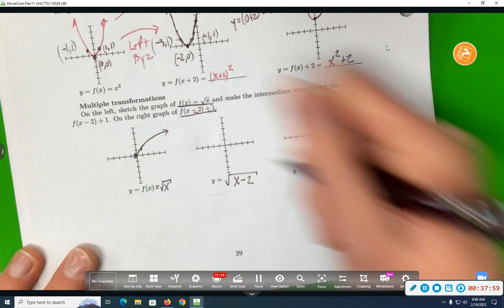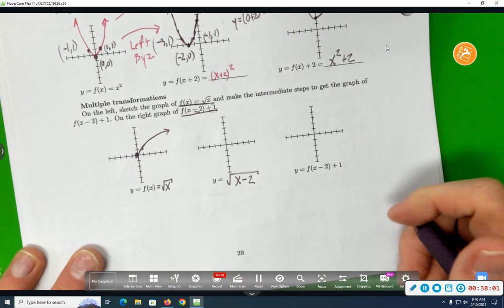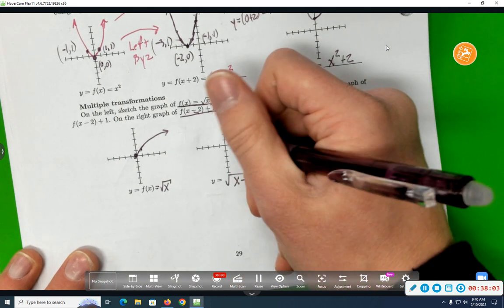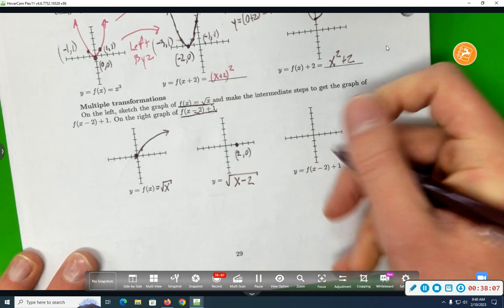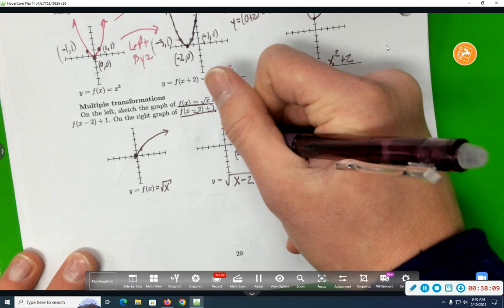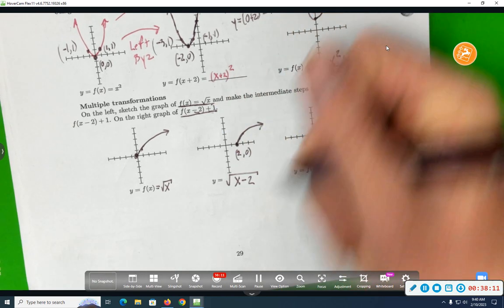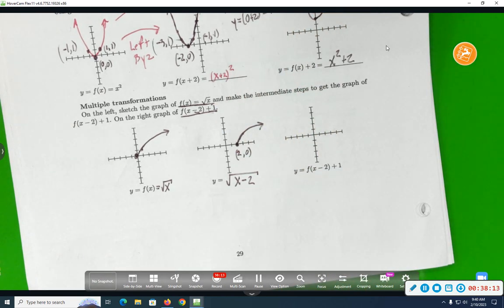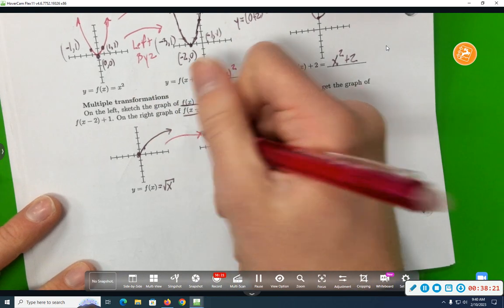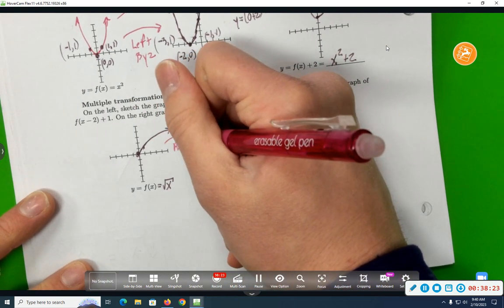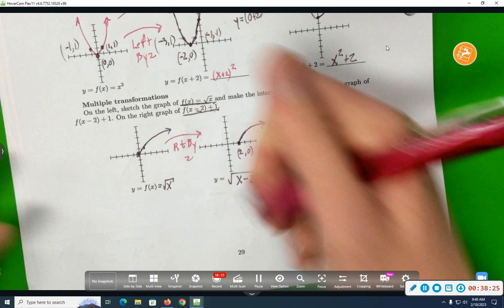So this point here at 0, 0, we'll go right by 2, wind up here at 2, 0, and then we'll see the same general shape of graph. That seems pretty okay. All right, let's get the plus 1 involved. So go from here to there, right by 2.